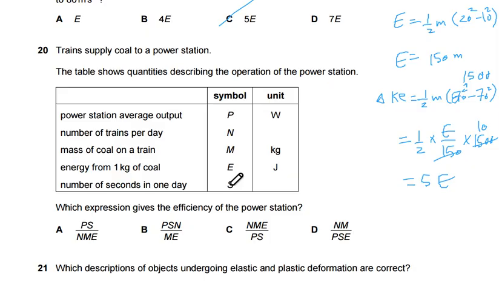This is for 1 train. For n trains, we will multiply by n. So the input is n times m E over s, and the output is P in the numerator. S will go up, so it is P s over n m E.